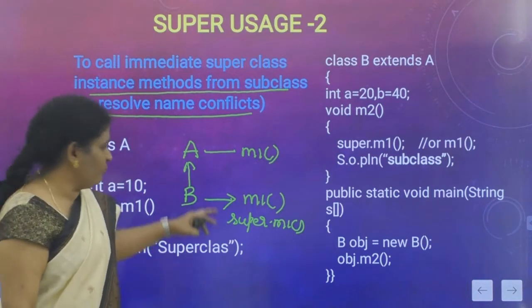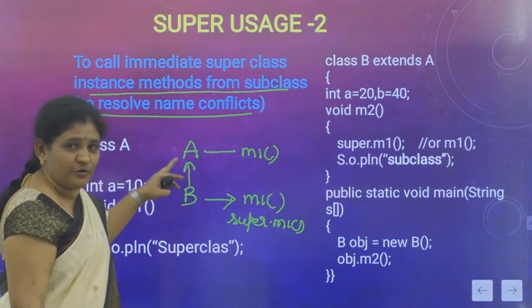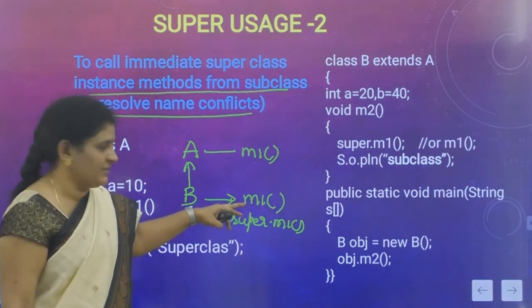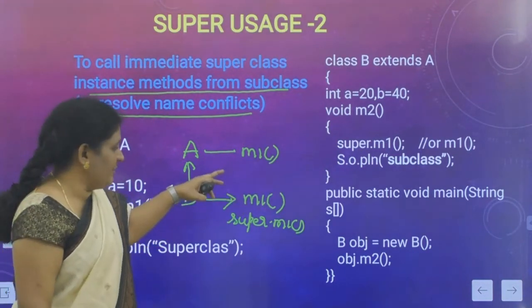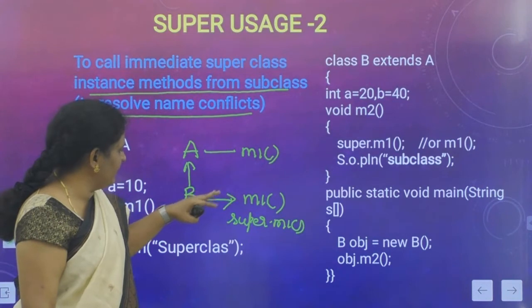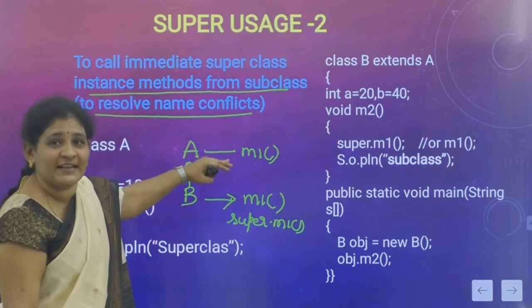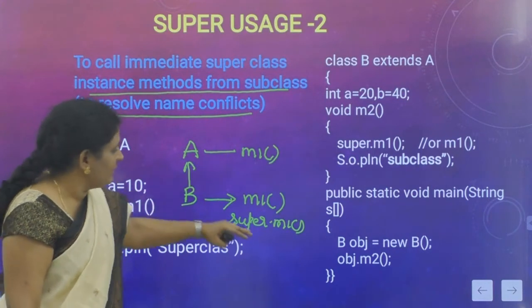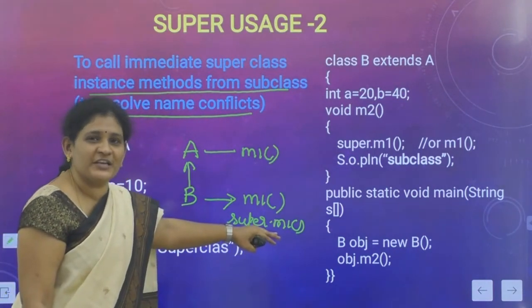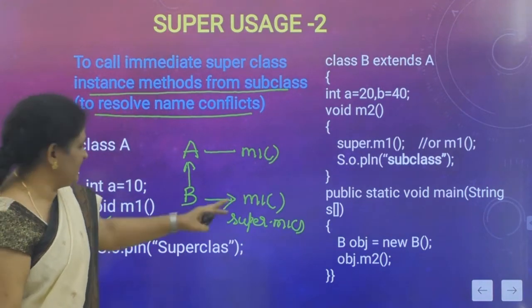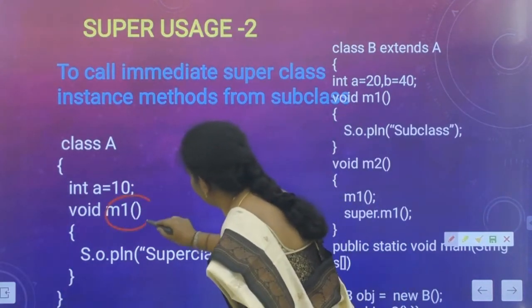Understand? If both classes are having the same method names, same method signature, I mean, if you have overridden a method in the subclass, then how to call the superclass method? At that point of time, we can use the super keyword to call the superclass instance methods. I have taken the M1 method.